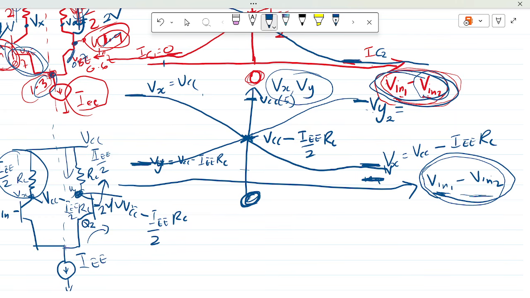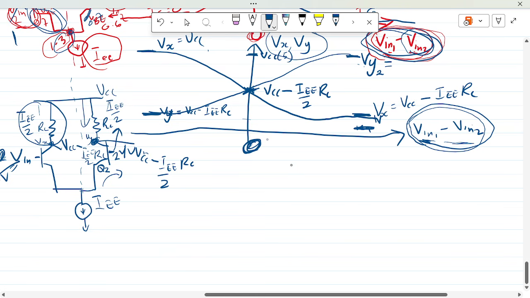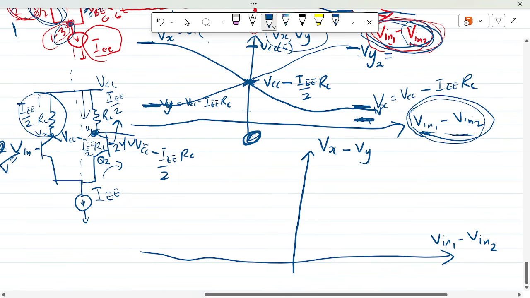So finally, what we really wanted was a curve that would describe the differential input Vin1 minus Vin2 against the differential output, that's Vx minus Vy. So all that we are going to do is take this value Vx and subtract Vy from it. The easiest one to do would be this, because at this point Vx and Vy are the same.